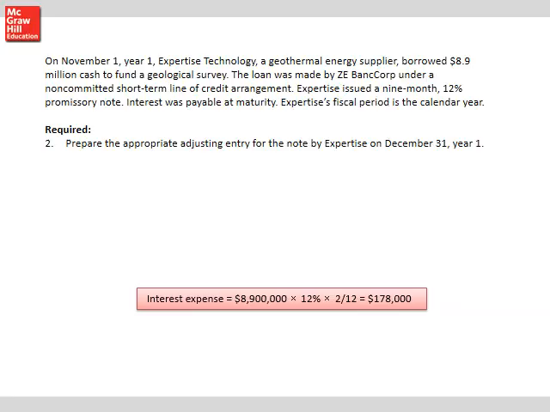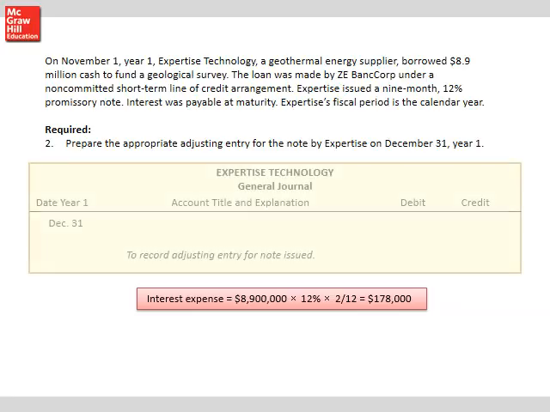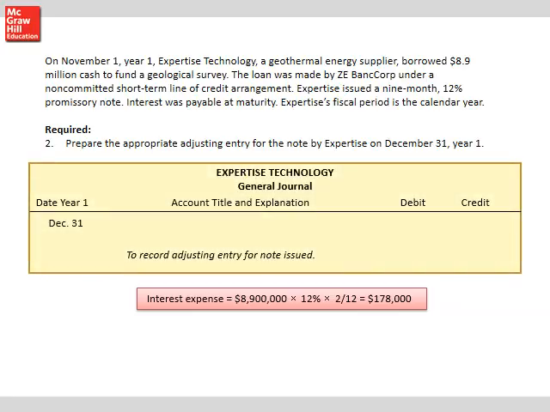So that's 2/12 times 12%, or 2%, of $8,900,000, and that equals $178,000. So on December 31st, we will make the adjusting entry of interest expense for a debit of $178,000, and we will credit interest payable for the same $178,000.